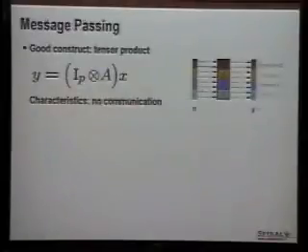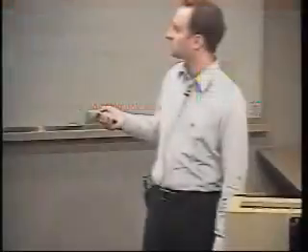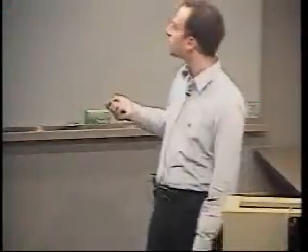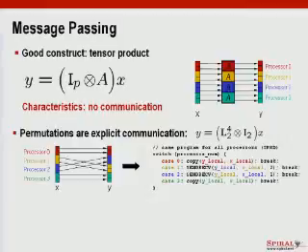Okay, so we had now shared memory, we had now SIMD vectorization. Next thing we can look at, and I will just do that a little bit more quickly, is message passing. Here the governing idea is, okay, you have I_p tensor A. That means there is no communication between the processors going on. That's what you need to know. And then we have explicit communication. Whenever you have a permutation of that shape, you can basically write a little MPI program that does the explicit communication here.